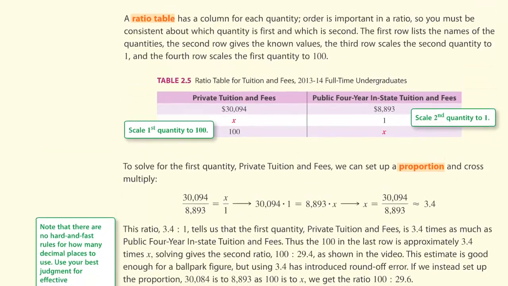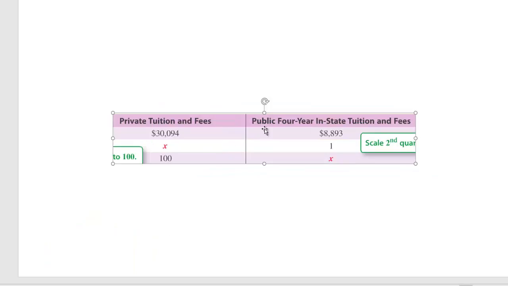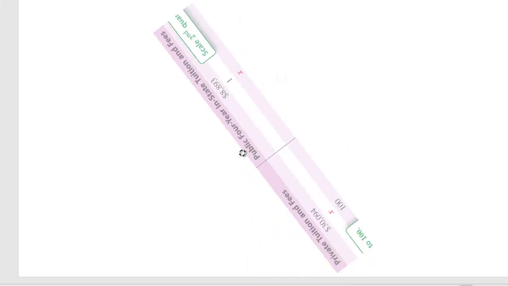So let me show you what I'm talking about. See, with this table, these are ratios. Well, they could be a ratio this way. Here's my fraction line. This number over this number equals x over 1. But then 100 over x, yuck. But if we flip it this way, now all of a sudden, this number over this number is x over 100.